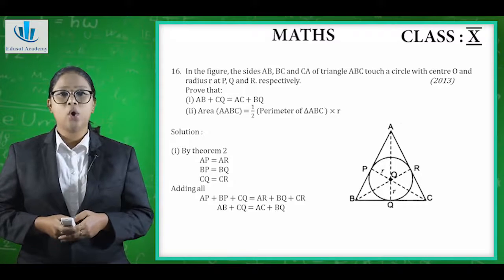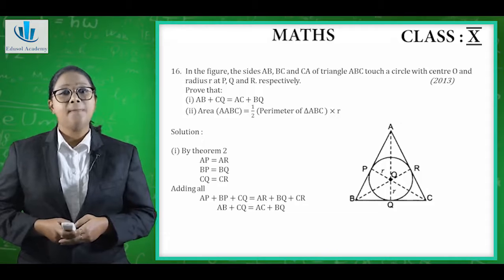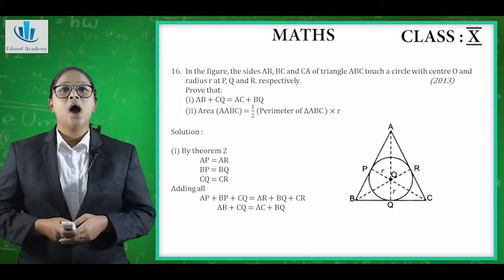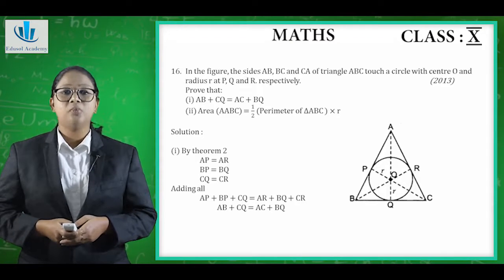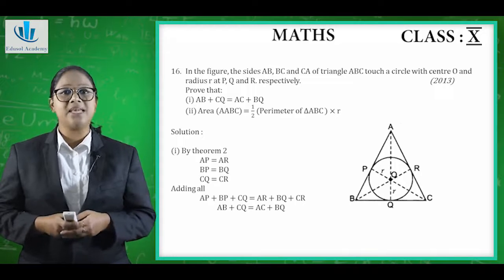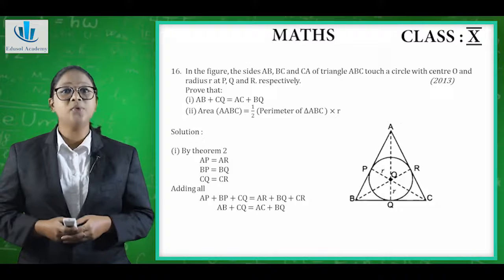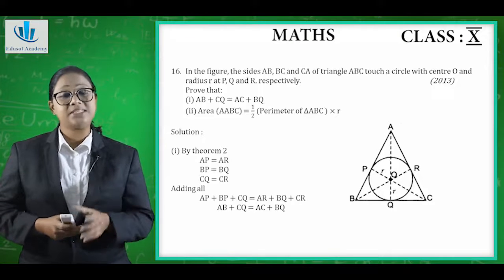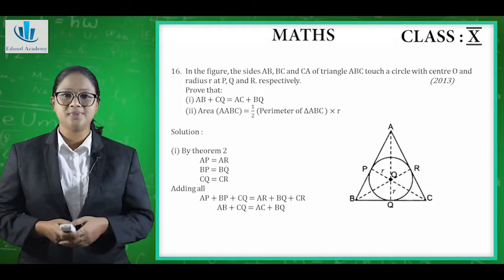Again, adding all on both the sides, on LHS we will get AP plus BP plus CQ is equal to AR plus BQ plus CR. When we combine AP and BP, we will get AB, and combining AR plus CR, we will get AC. So what's remaining? AB plus CQ is equal to AC plus BQ. Hence proved the first part.